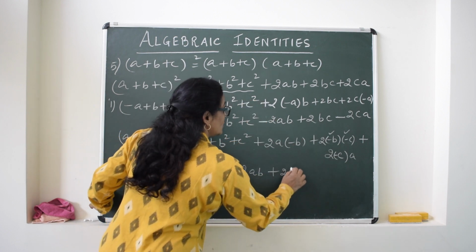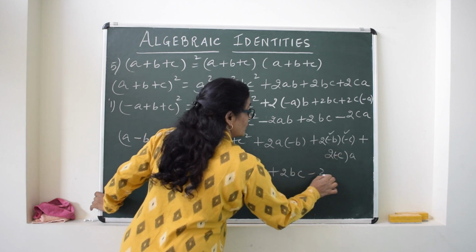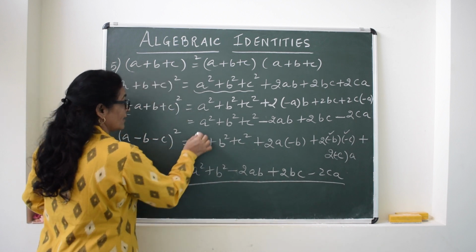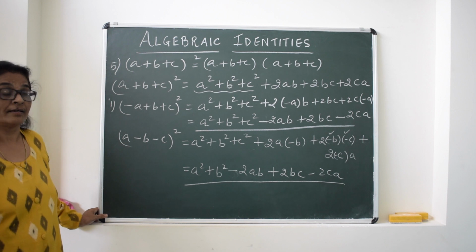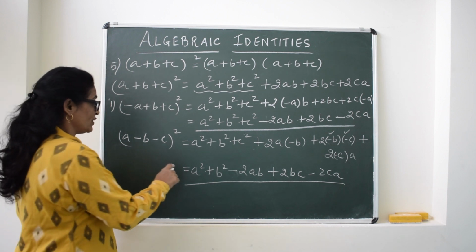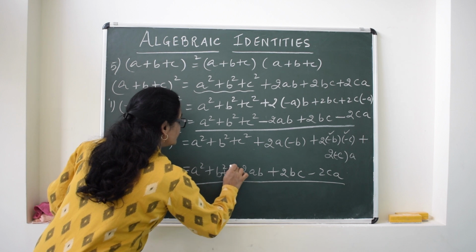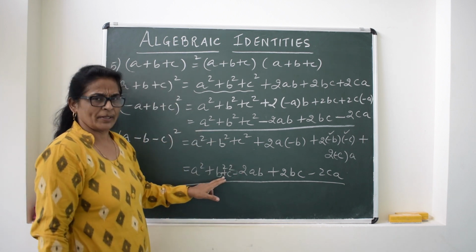So plus twice bc, and this will be plus into minus will be minus twice ca. Now you see this and this, they are same. So that is, this c square is left out. A square plus b square plus c square will be as it is.